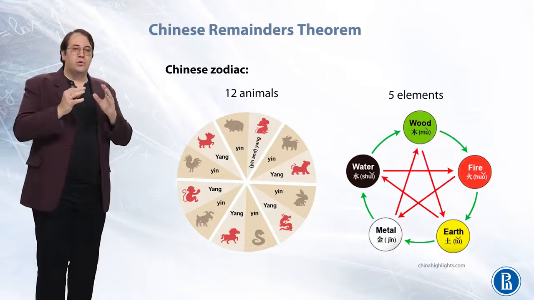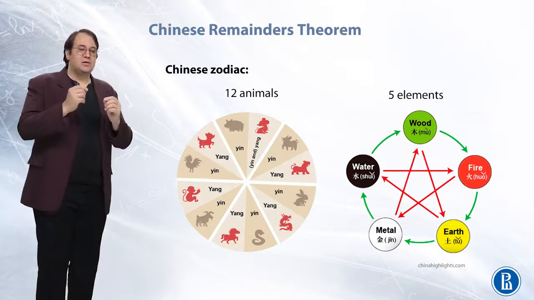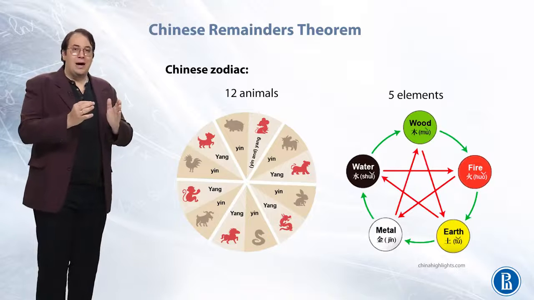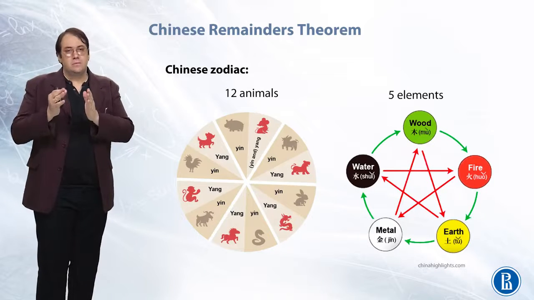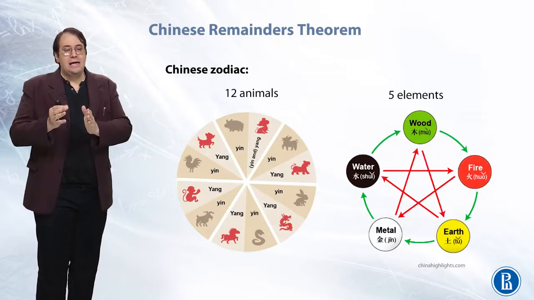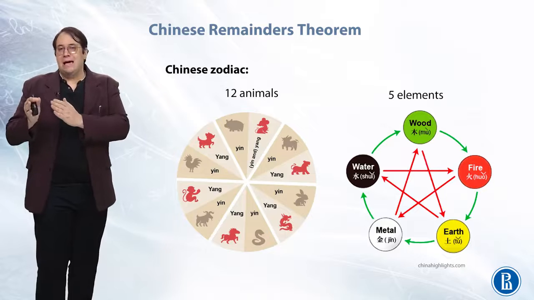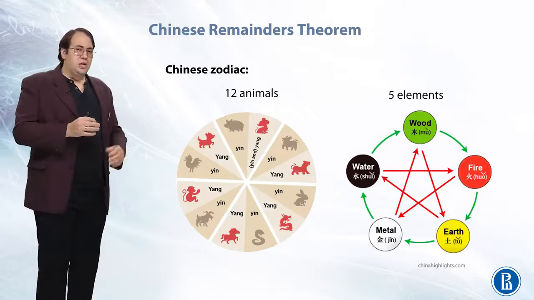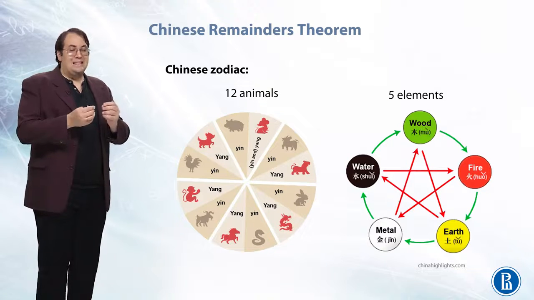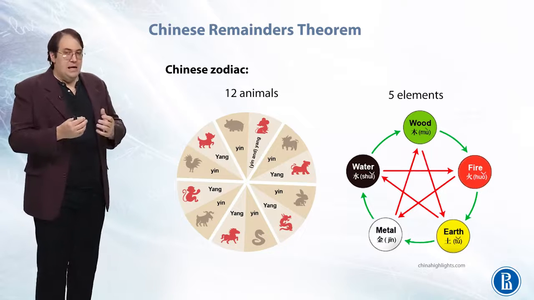Well, actually, for a year, there is an animal that corresponds to this year. 1 year, one animal, the next year, another animal. The next year, another animal, and so on. So each year has its own animal.